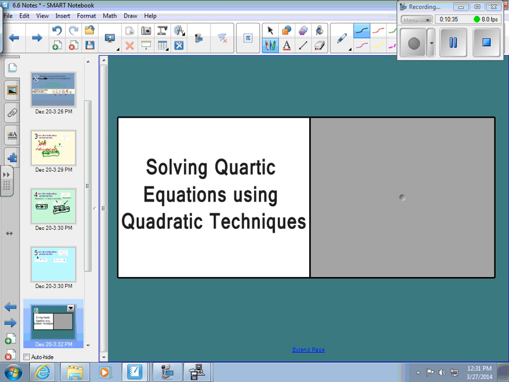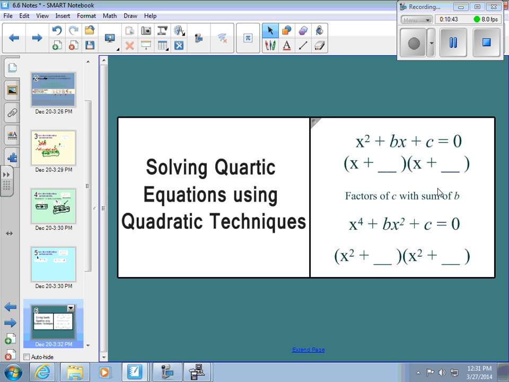Well, what we can do, and this is on the back of your note sheet, anytime we're solving some of these ones and they're not quadratic, they actually have x to the fourth, is use the same type of technique. It's just that instead of factoring and just having x squared here where we just got x and x, if it's x to the fourth, it's going to split up as x squared and x squared.